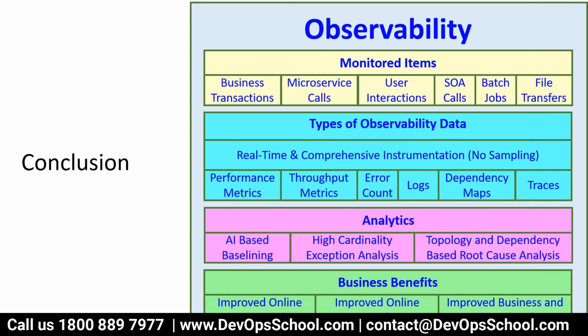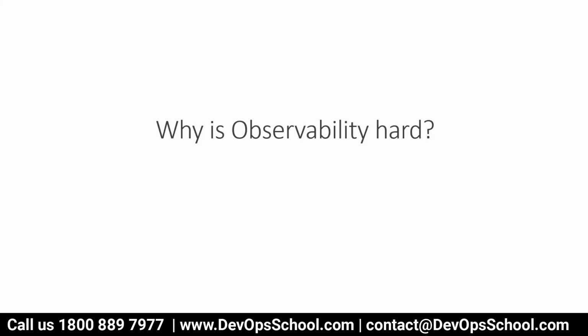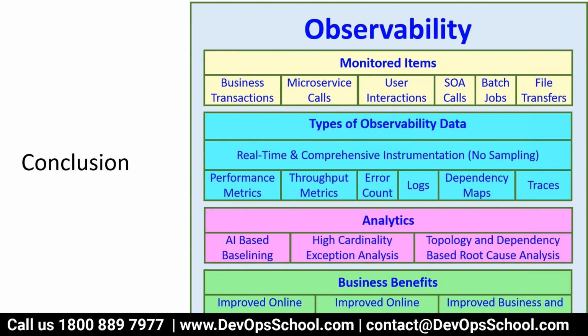So it should help us in terms of business benefits: improved business and service quality, performance, technical ability. So yes, we are here to set up observability, not monitoring. For monitoring, you can use Prometheus or Nagios, but when you want to do more than monitoring, then we have to set up observability.